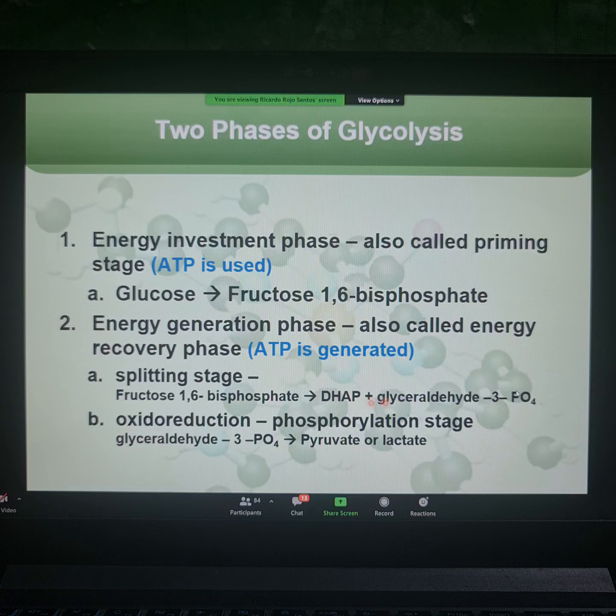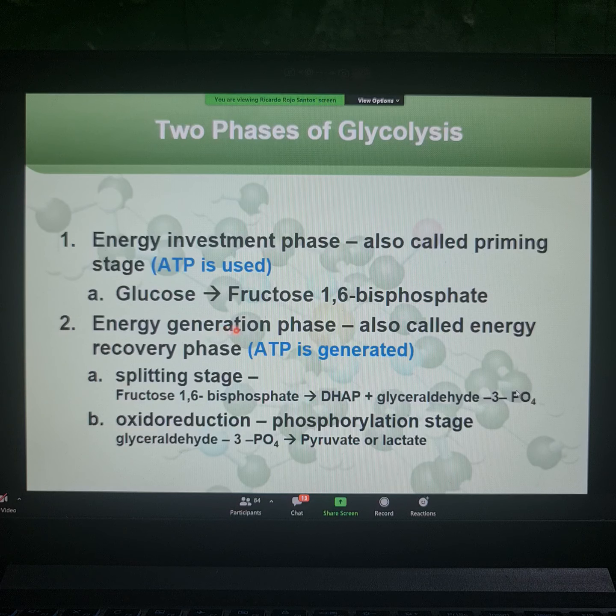Okay? Because after the splitting stage, you count by twos already. Because ultimately, the dihydroxyacetone phosphate will be converted to glyceraldehyde 3-phosphate. So now you metabolize further, or you degrade further, two molecules of glyceraldehyde. Okay? We'll illustrate that in an illustration.